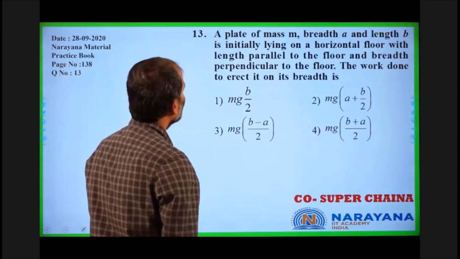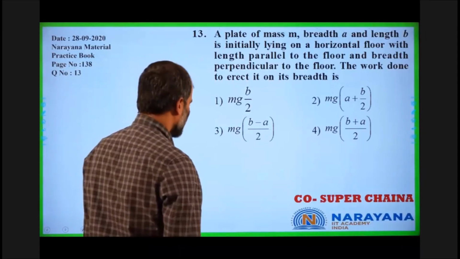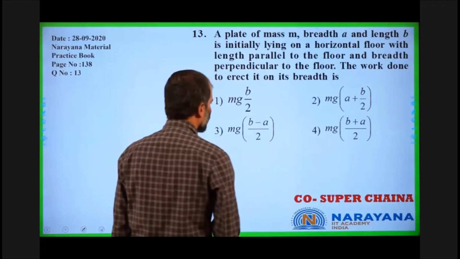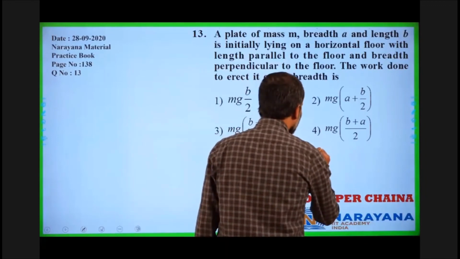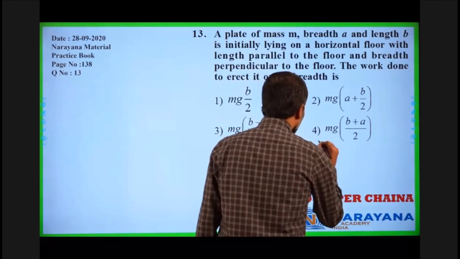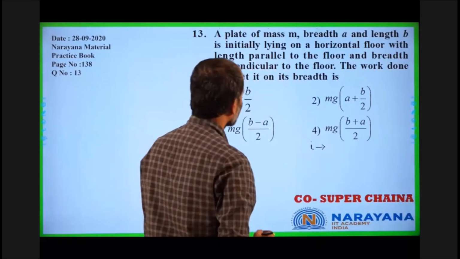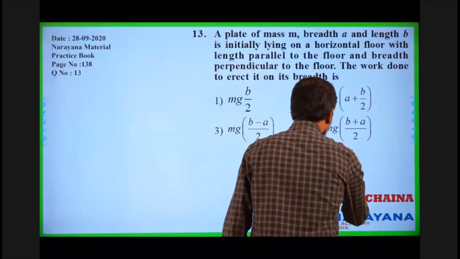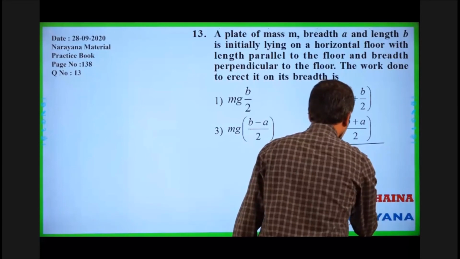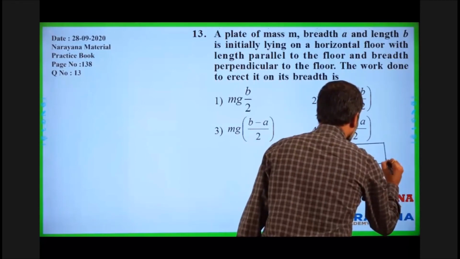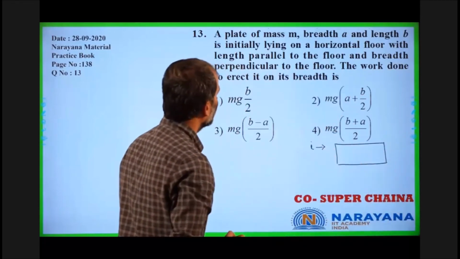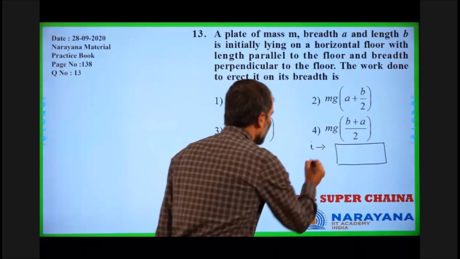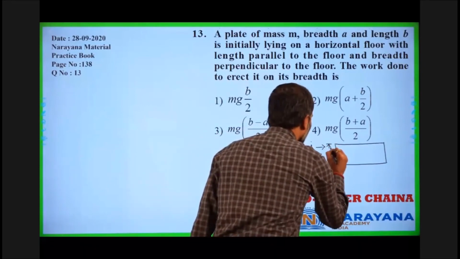The work done to erect it on its breadth is, see, as per the situation over here, initially if you could observe this, the plate is like this. The breadth is like this over here. Breadth is A. This is the breadth A.